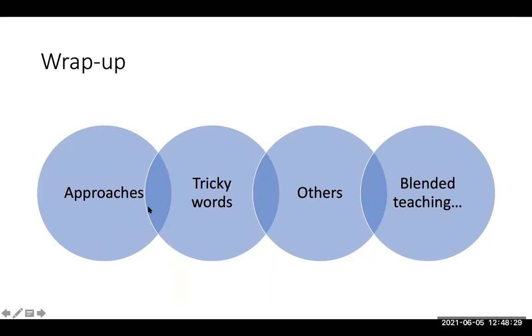So we have discussed approaches. There are two main approaches of teaching reading: होल वर्ड अप्रोच जिसमें एक पूरे लफ्ज़ को पढ़ाया जाता है, कैट पढ़ाया जाता है, और दूसरी अप्रोच सिंथेटिक फोनिक्स अप्रोच जिसमें वर्ड्स को पार्ट्स में ब्रेक किया जाता है और फिर पढ़ाया जाता है. देन ट्रिकी वर्ड्स. व्हाट आर द ट्रिकी वर्ड? ट्रिकी वर्ड्स क्या होते हैं, वो इरेगुलर क्यों होते हैं, और क्यों और किस तरह उनको पढ़ाया जाता है. ट्रिकी वर्ड्स के अलावा हमारे पास और जो आइटम्स हैं, like we have got this high frequency words and sight words, we have also discussed these.